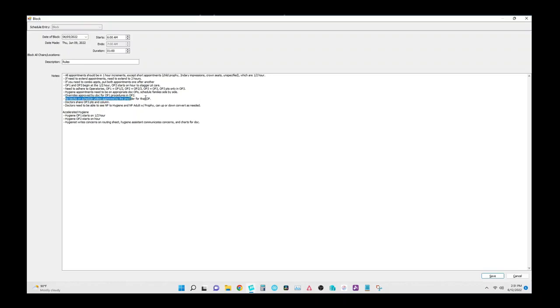Another one, this is especially important for owner doctors. No blocks on the schedule unless approved by the provider for that op, okay? So it's important that the doctors manage their operatories, okay? The hygienist manages their operatories. And if there's any blocks on the schedule, it has to be approved by that provider for their operatories.